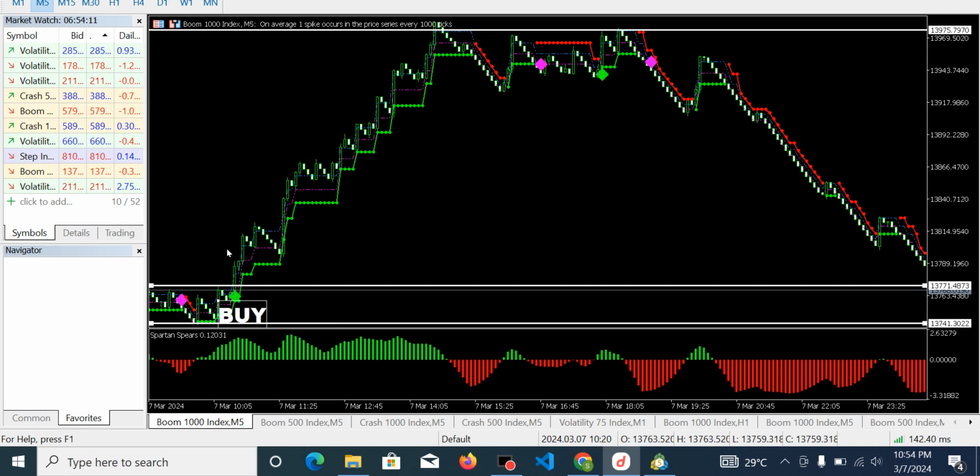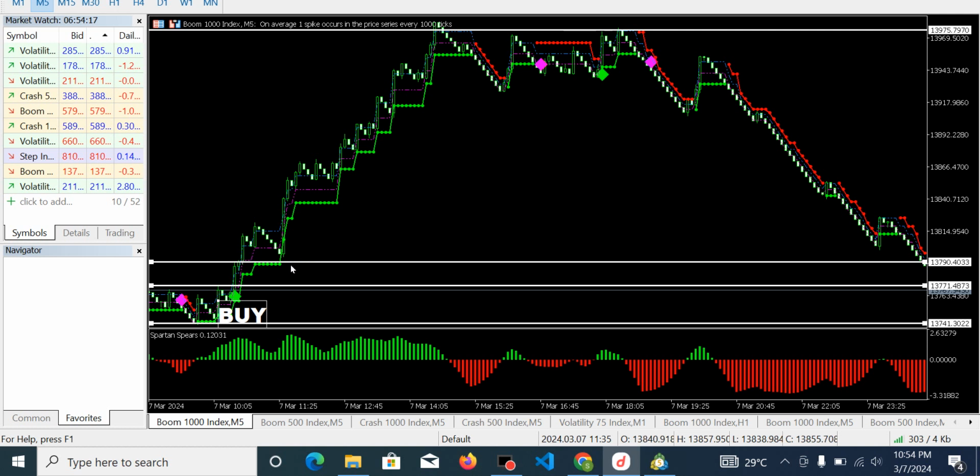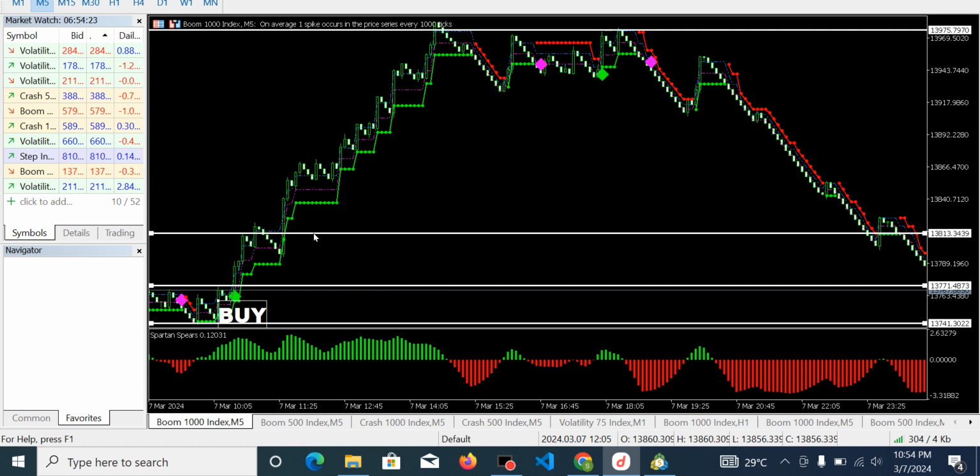Right from there it started picking up, and it got to this region, and from there it got to somewhere here, and from there it got to somewhere here.